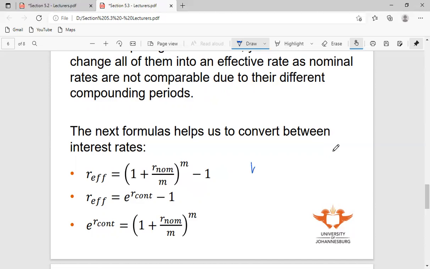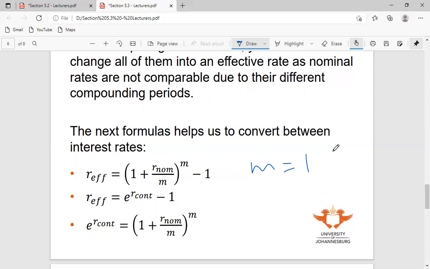Then you know that M is equal to 1 in each of these cases. You can then be able to compare them. So in order to compare interest rates, the first thing to do is to convert each of the interest rates to their corresponding effective interest. Then you see which one is higher, which one is lower.